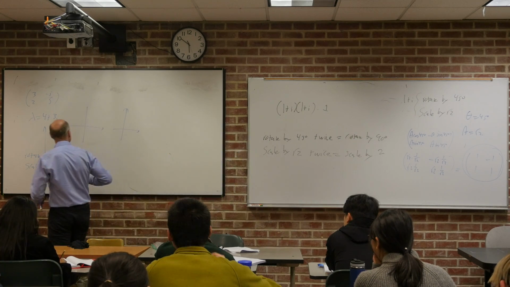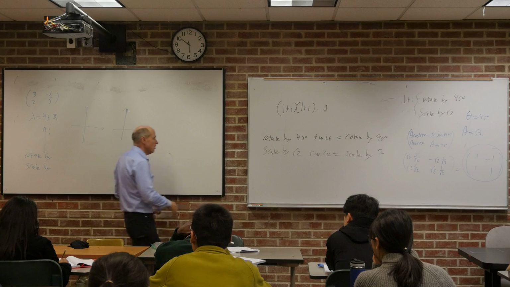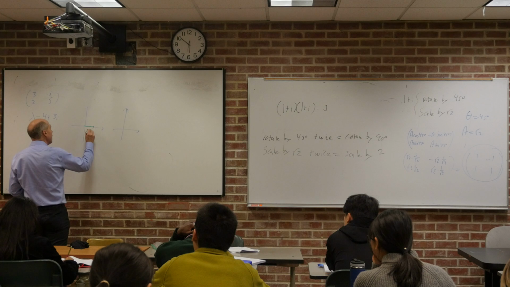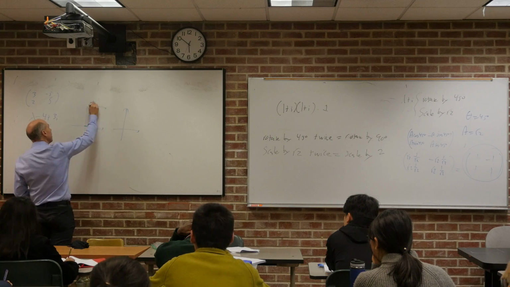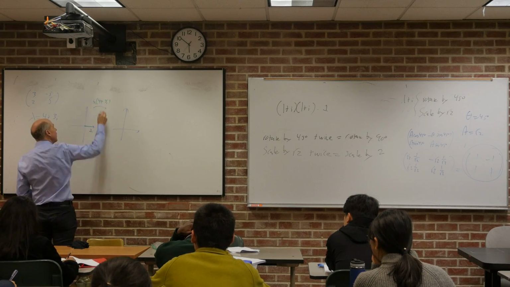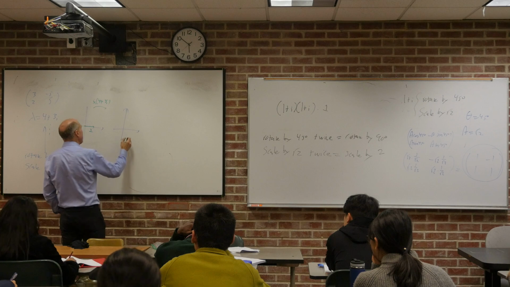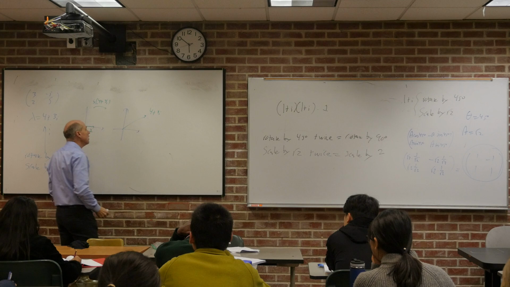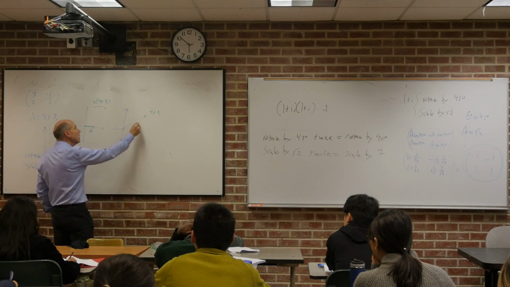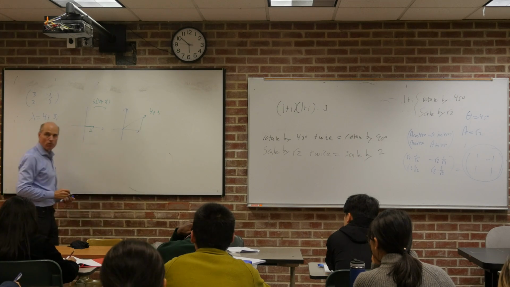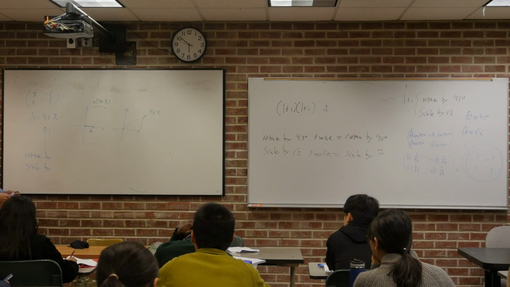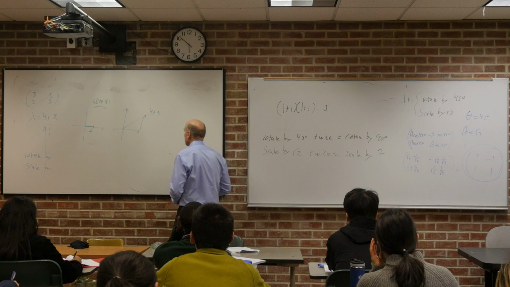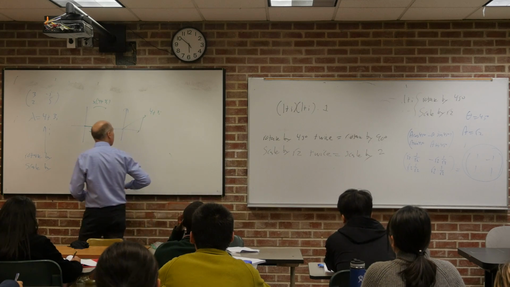Let's work this out. What this is going to do is I think about 1 as a vector and multiply by 4 plus 3i. So I'll do it this way first, and then I'll show you a shortcut, because it should remind you of something else. What's the length of this vector? 5.